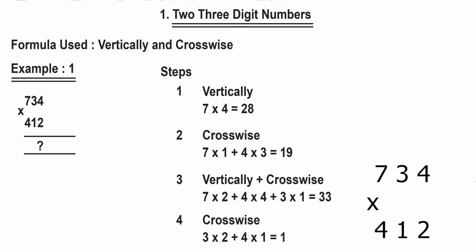So for 734 multiplied by 412, we would begin the calculations of the number 3 with the number 1 in 412 and move from left to right. Since it is two digits in the multiplier, we have 3 multiplied by 2 plus 4 multiplied by 1, which gives us 10. Now, according to our formula, we calculate all digits other than the leftmost only once.